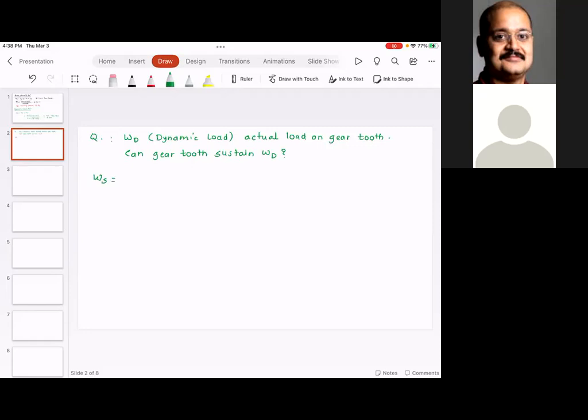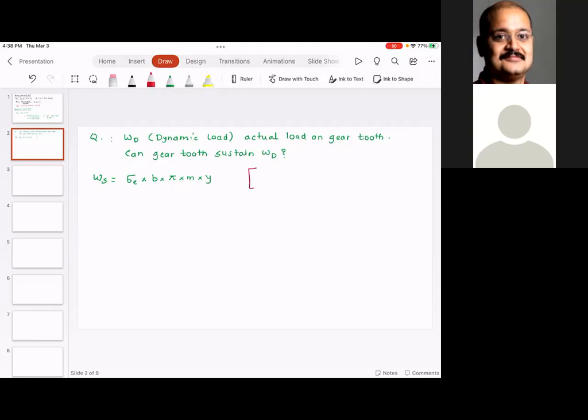Now, what is WS? WS is given as sigma E multiplied by B multiplied by pi multiplied by M multiplied by Y. This equation is exactly the same as the beam strength equation.